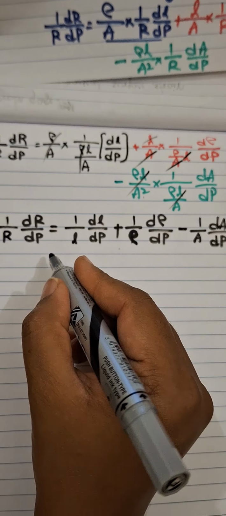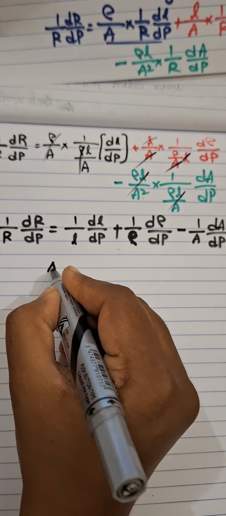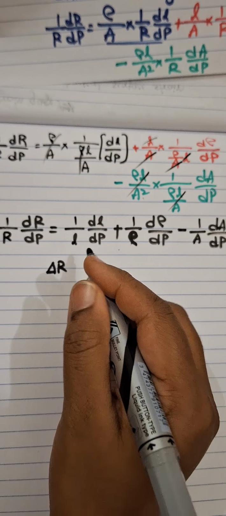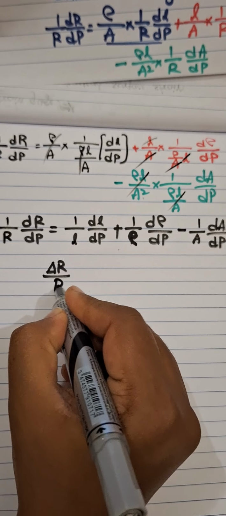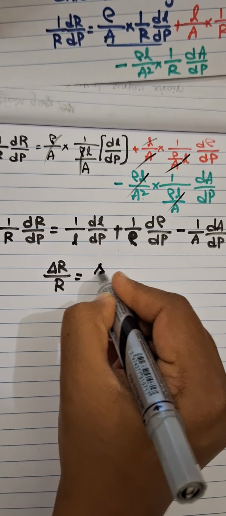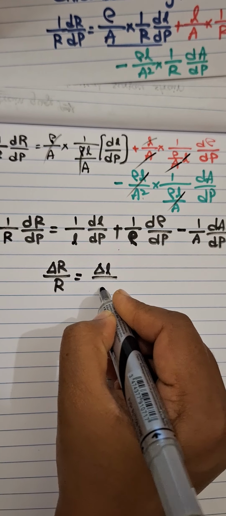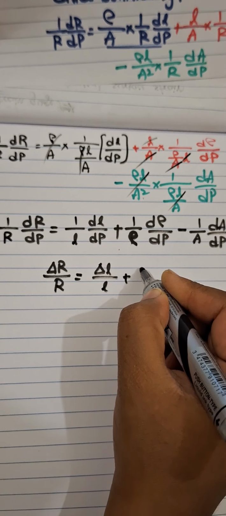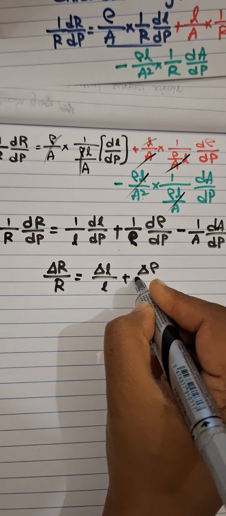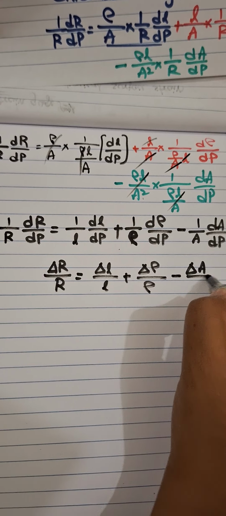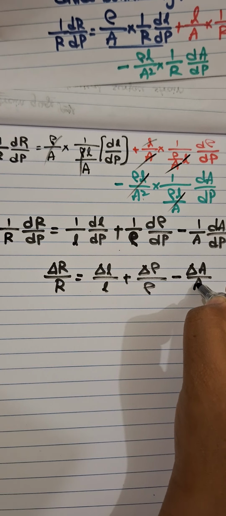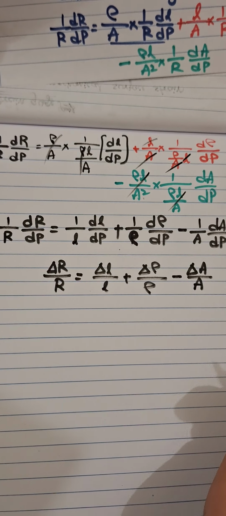Okay, so this equation with the small variations I am going to write as change of r, dr by dp, I am writing it as change of r by r is equal to change of length by length plus change of resistivity by resistivity minus change of area of cross section by area of cross section.